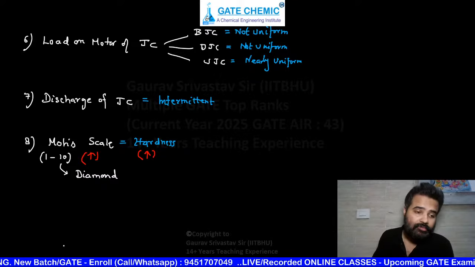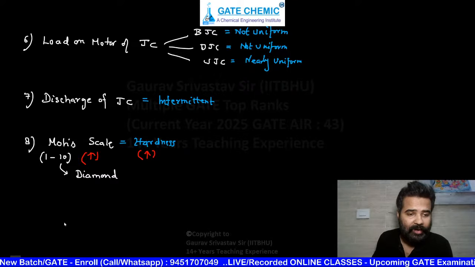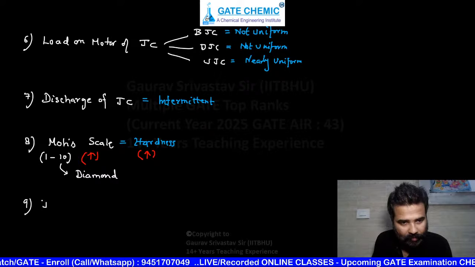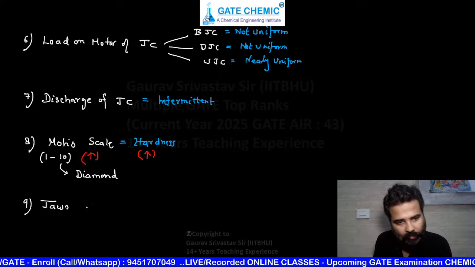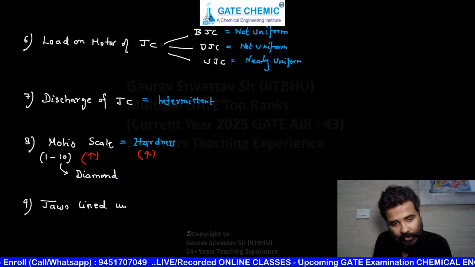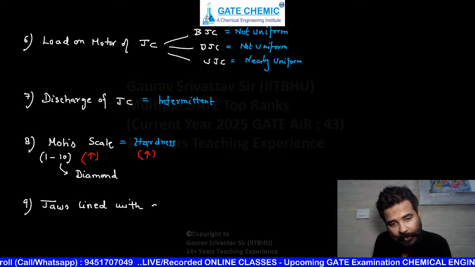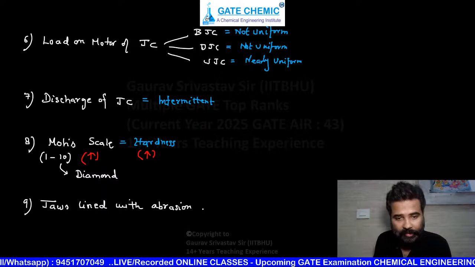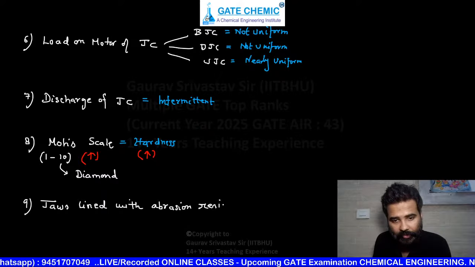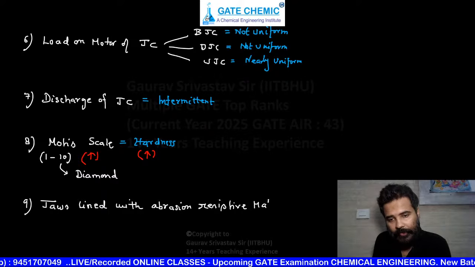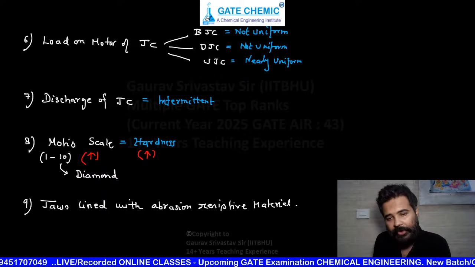Okay, now next one, number 9, jaws lined with abrasion resistive material. What is the meaning of this line, beta?